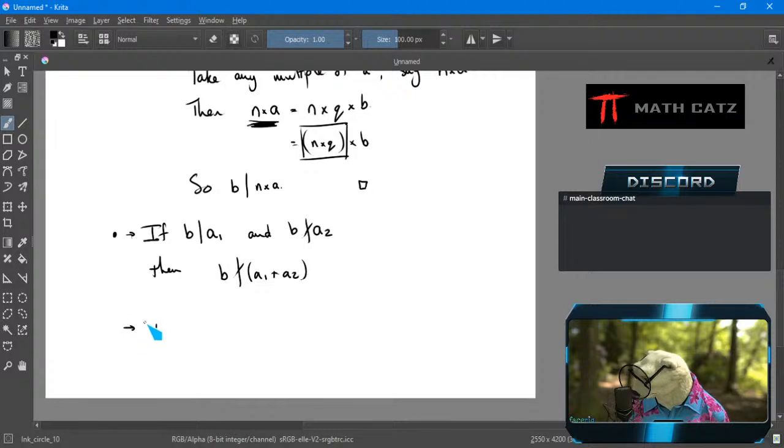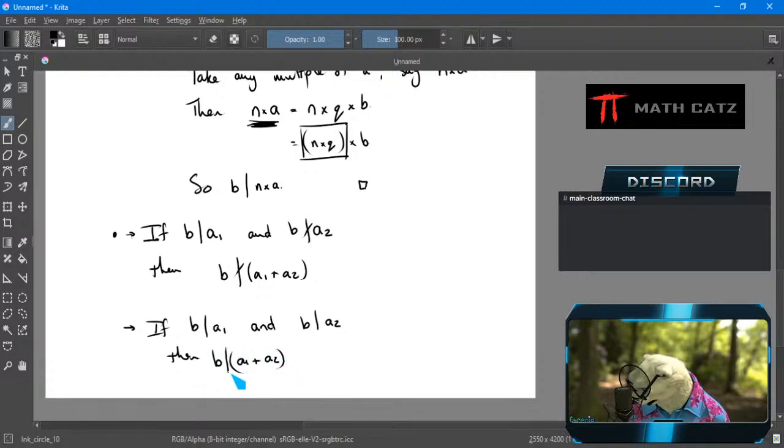And then the other one is if I have my numbers and I have divisibility, and I have divisibility for the other number as well, A2. Then when I add them up, B will always divide into that as well. Take an example here.